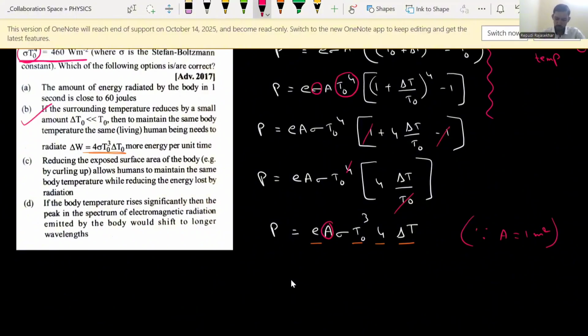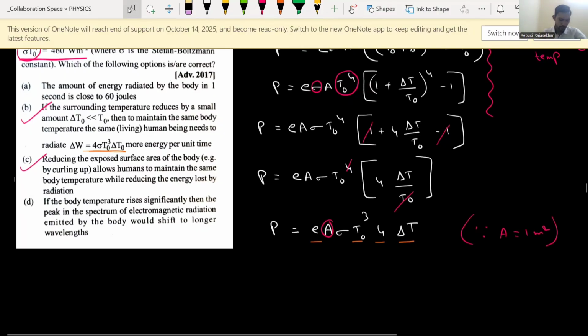Yes, here if you observe, power is directly proportional to surface area only. If area is reduced, that means what happens? The object emits very less radiation, so that almost it can maintain the same temperature. So option C is also correct.